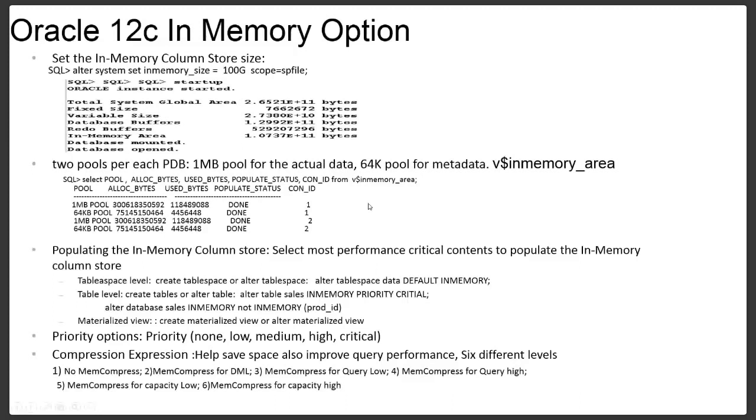You can set a priority at the table level from none to critical. None means you're not going to load it. Critical is the most critical. If you set critical, when you start up the database, this table will be automatically loaded in memory. And you can also specify the compression, as we discussed. When your table is loaded in memory, the table can be compressed.